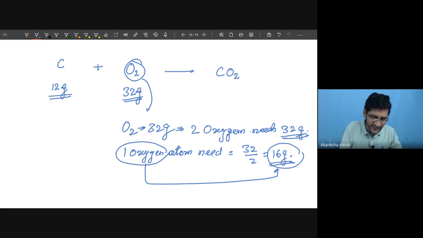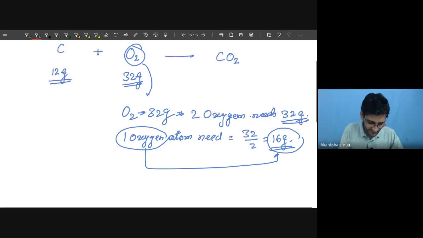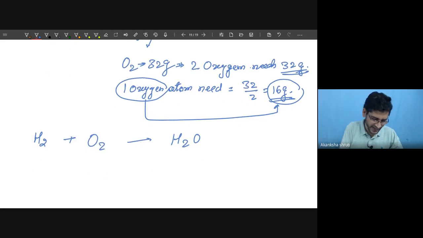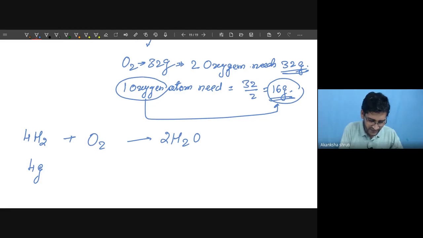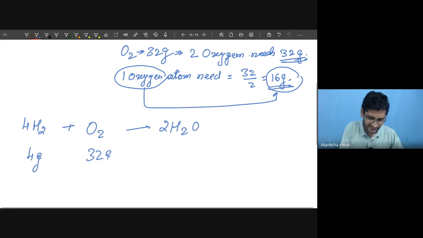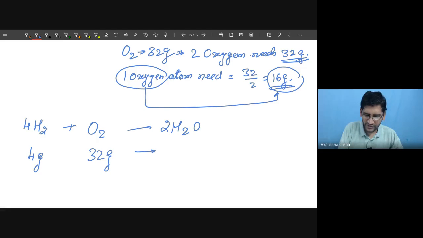It was also found later on, if one considers hydrogen, say hydrogen is taken and oxygen is taken, it forms water. Then during the experiment it was determined, the balancing is first done, that 4 gram of hydrogen is reacting with 32 gram of oxygen to give you 36 gram of water.